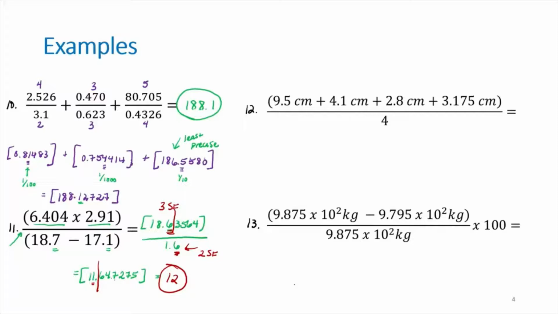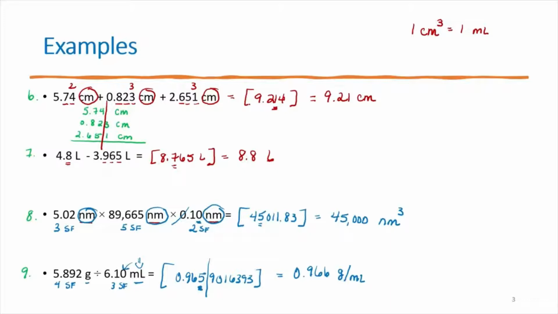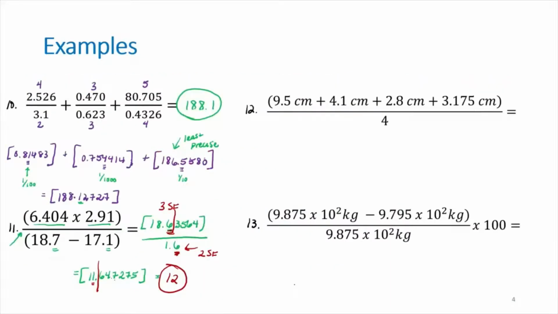Number 12. I have 9.5 centimeters plus 4.1 centimeters plus 2.8 centimeters plus 3.175 centimeters divided by 4. This is doing an average. I've got 4 measurements here and I'm doing some kind of average. Since the division line here again acts as a parenthesis, I need to do the addition first.